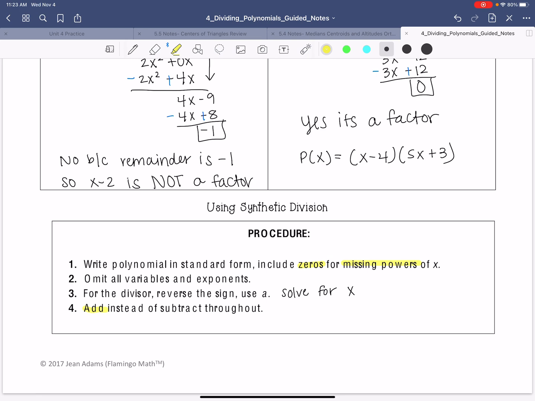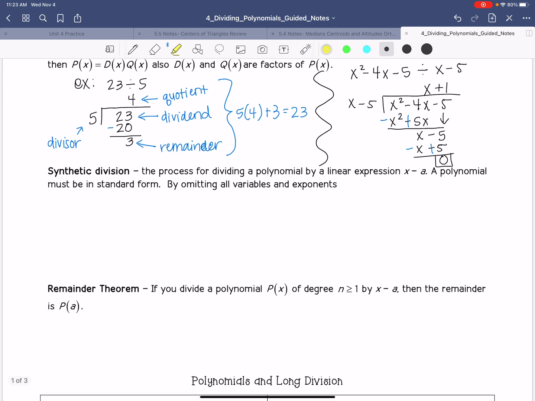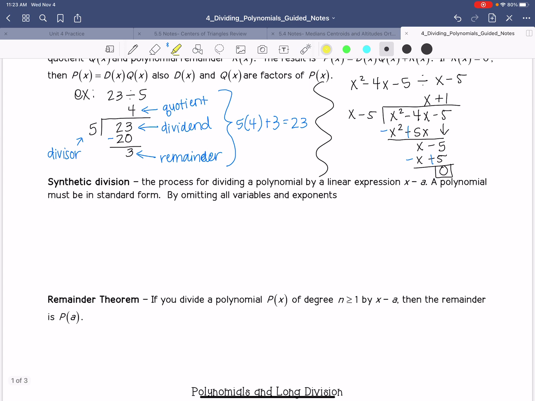All right, let's go back to our first page, and I'm going to do an example and explain it here. So our example, we'll do the same one that we did above, but in synthetic. So we're still going to do x squared minus 4x minus 5 divided by x minus 5.